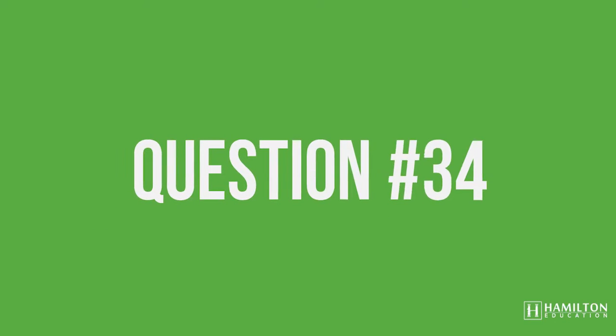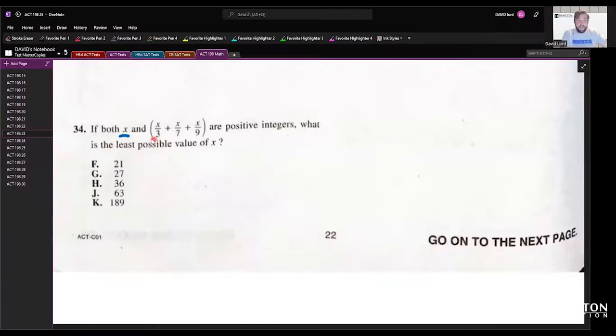Question number 34. If both x and x over 3 plus x over 7 plus x over 9 are positive integers, what is the least possible value for x? Well, in order for this to be an integer, that means that it has to be divisible by 3, 7, or 9.